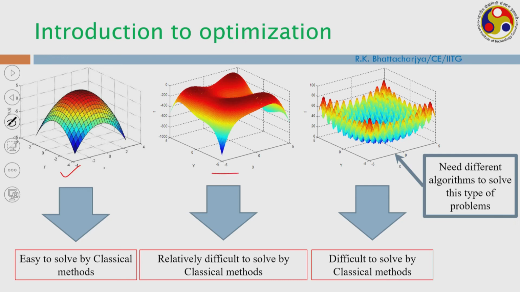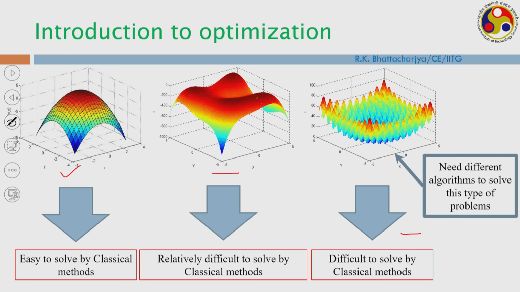The second problem is relatively difficult to solve by a classical method, but still you can apply a classical method and you will get a local optimal solution, or with some iteration you may get the global optimal solution. But the third problem is difficult to solve using a classical method. It is very difficult.